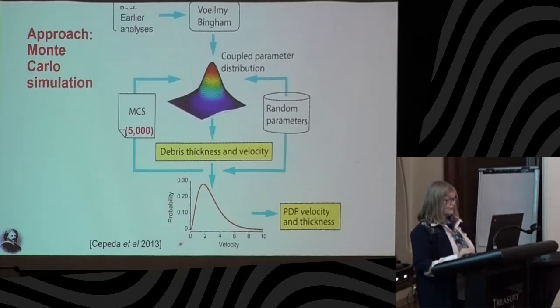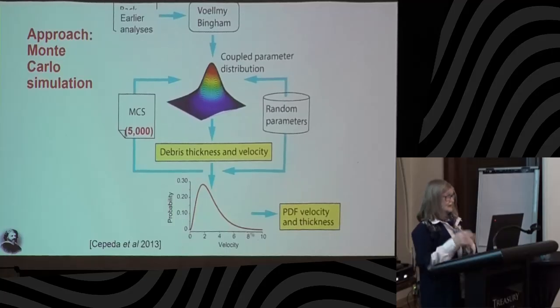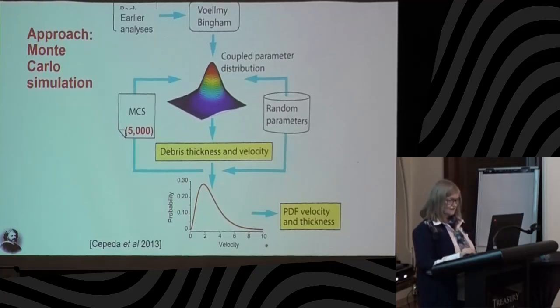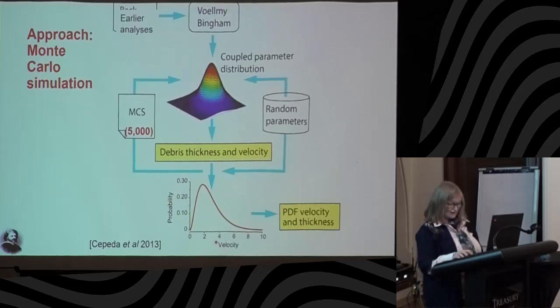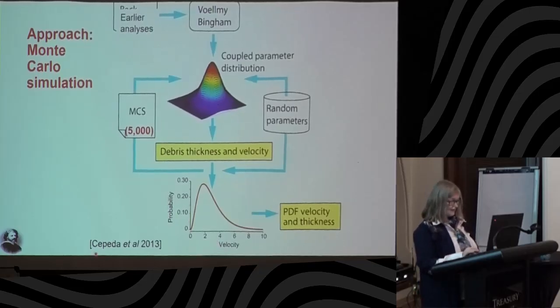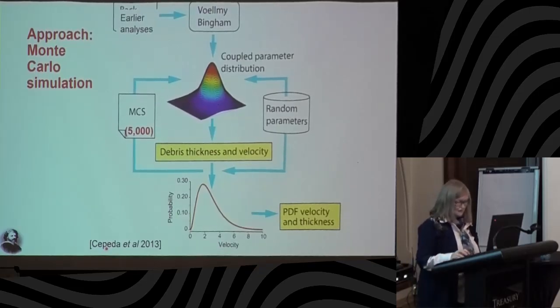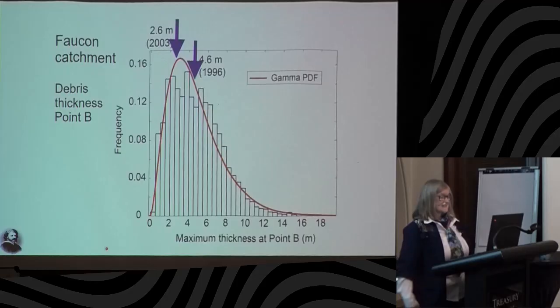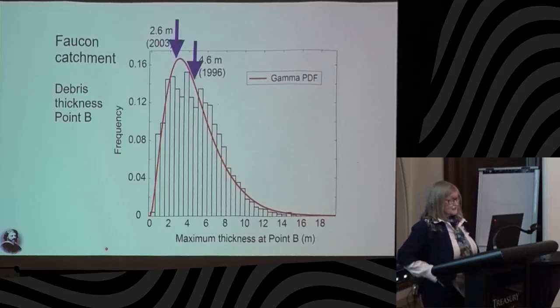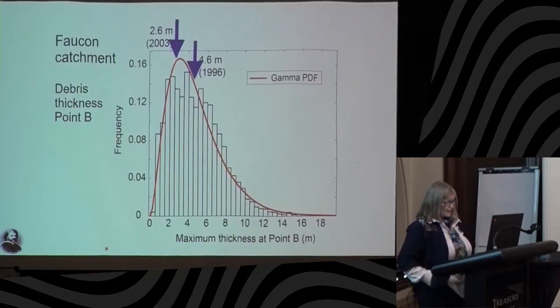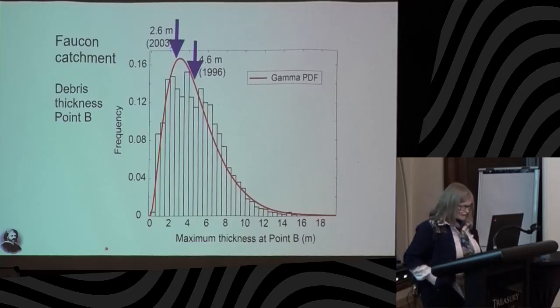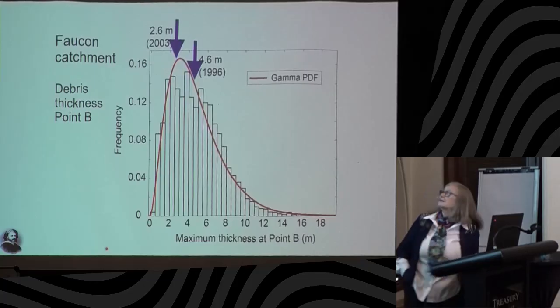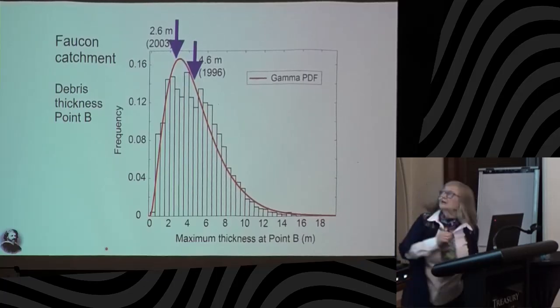And then we obtained a distribution for either thickness or the velocity. And I'm not saying anything more. Jose Cepeda did this work. Unfortunately, he doesn't work in geotechnical engineering anymore. And here are the observations of two landslides, one that occurred in 2003 and one in 1996. Yeah, this one you see well.